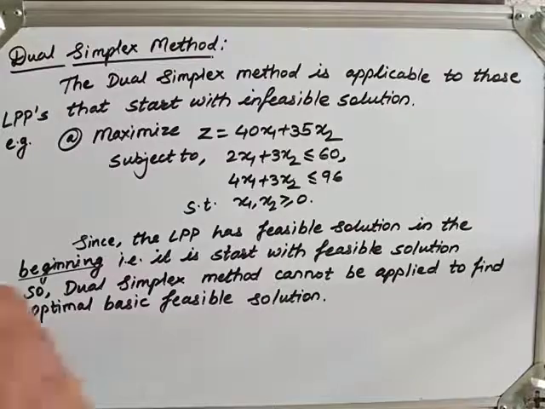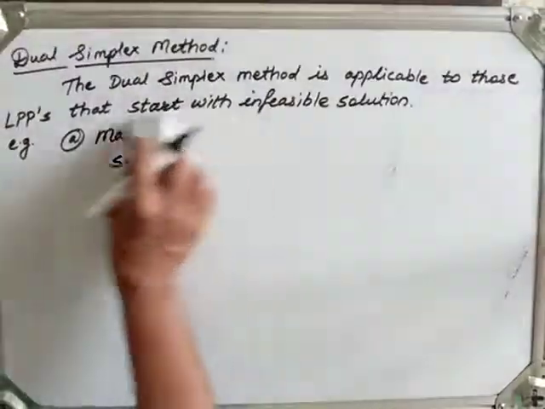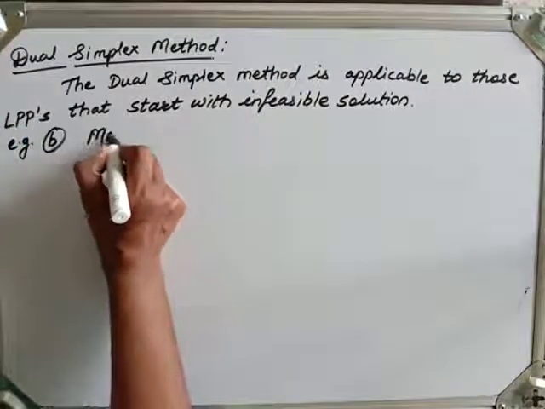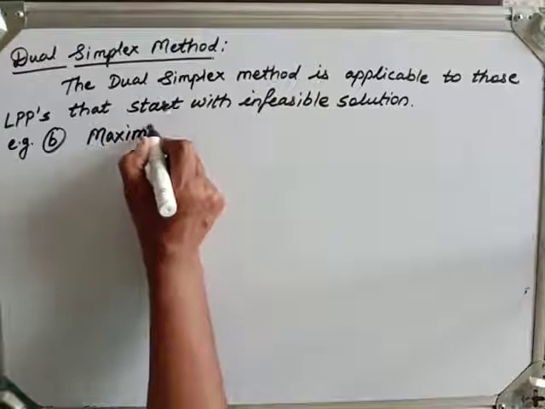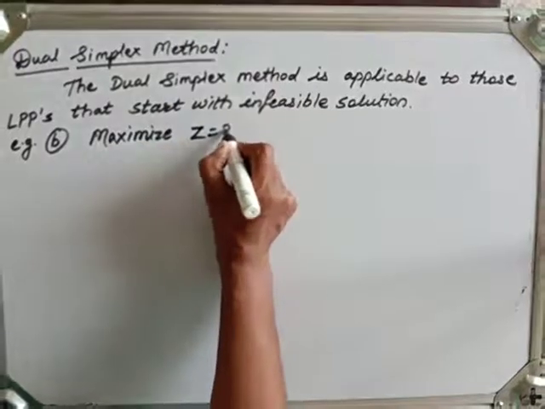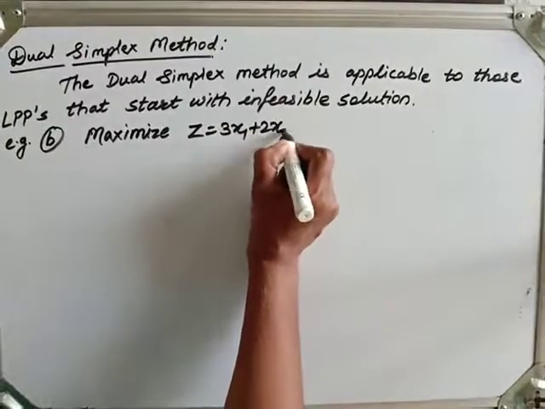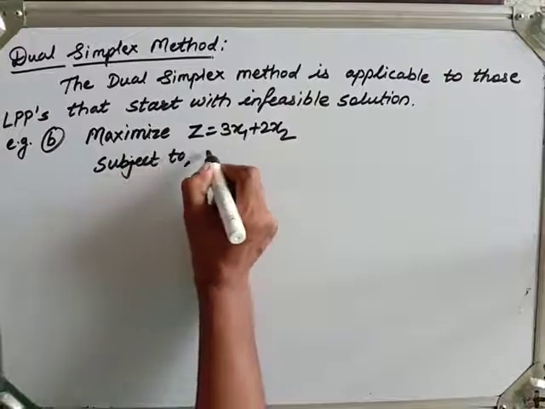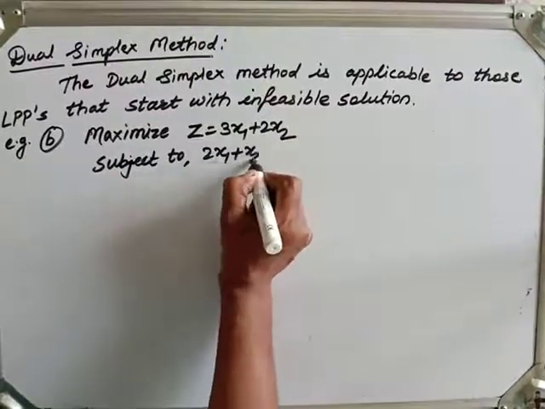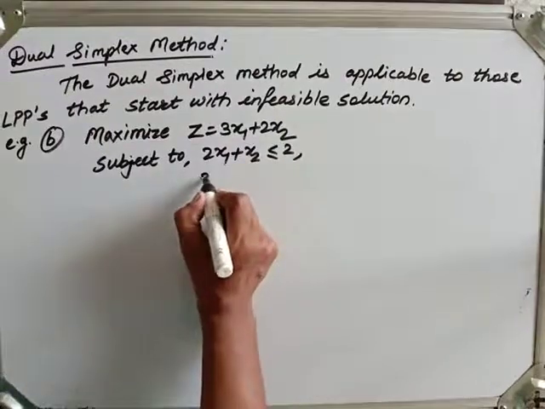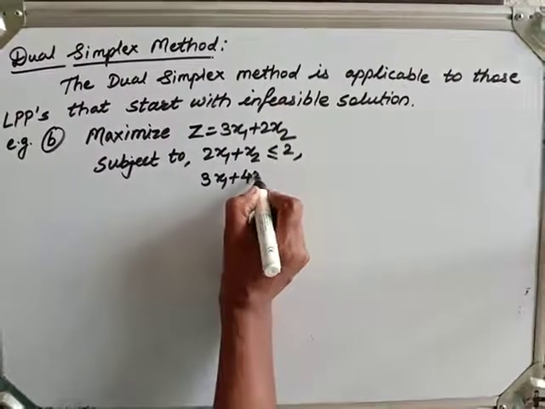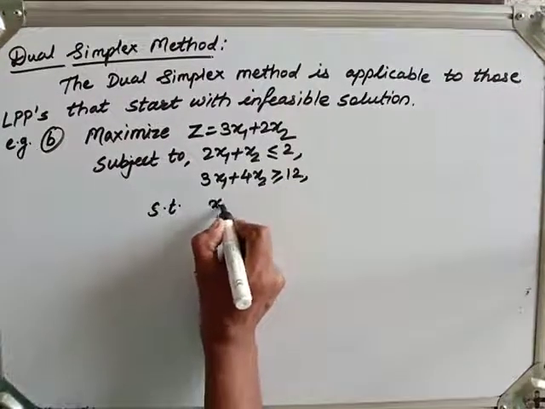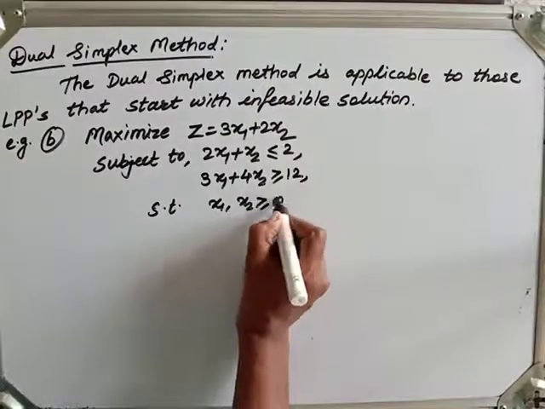Now let me take another problem. Suppose the other problem is the next one. Maximize z equal to 3x1 plus 2x2 subject to 2x1 plus x2 less equal 3, x1 plus 4x2 greater equal 12, such that x1, x2 greater equal 0.